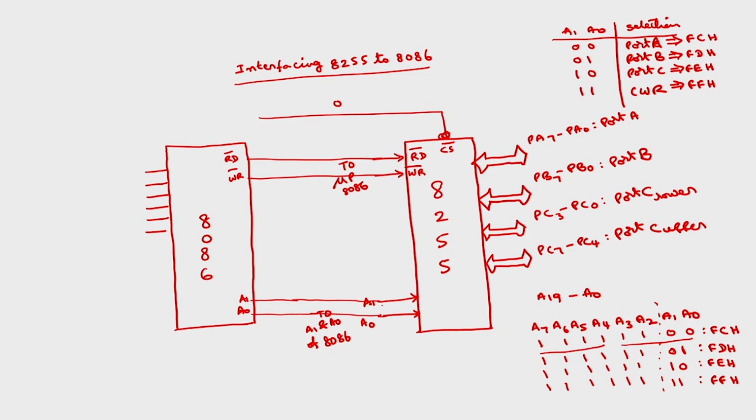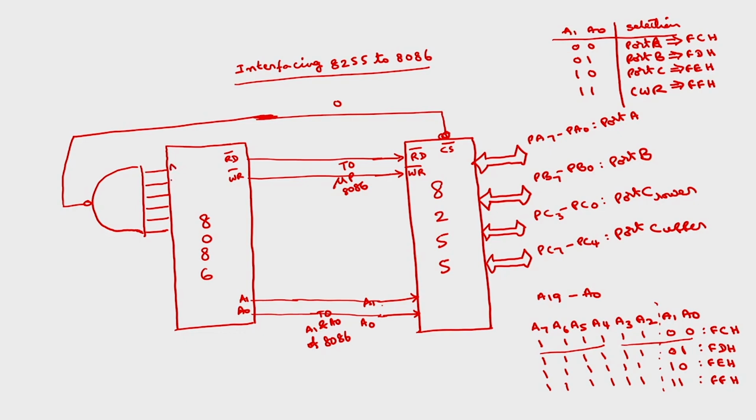So which gate you have to use here? It is a NAND gate. You connect the output of this NAND gate to the chip select of this.